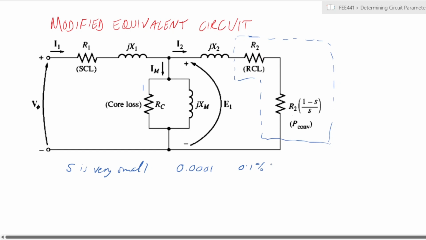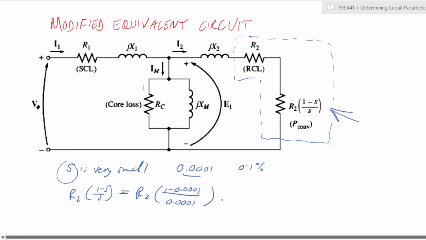Because S is small, what happens to this element here? If we say R2 into (1 minus S) over S, with S taken as 0.001, a very small figure, then R2 into (1 minus 0.001) over 0.001.